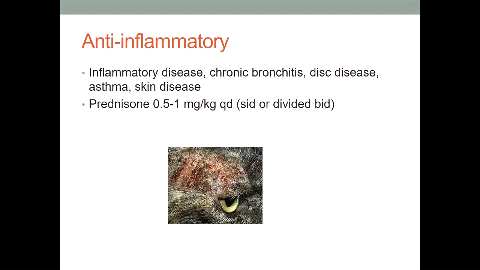Anti-inflammatory dose. This is the dose that you're going to reach for when you are trying to treat an immune disease like bronchitis, like asthma, like skin disease, or if you're an orthopod, any sort of arthritis where you can't use NSAIDs for whatever reason.